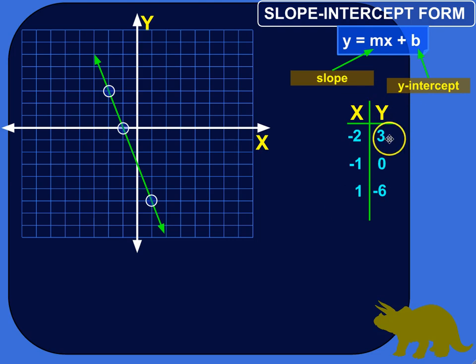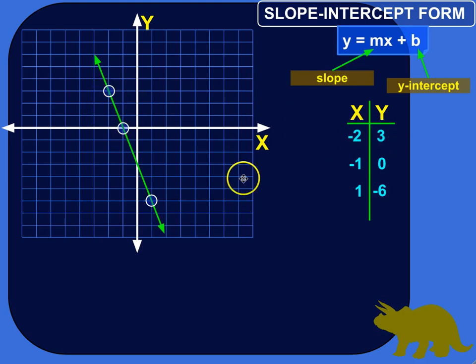So there's a table. And actually I've plotted these 3 points and drawn the line that visualizes this linear relationship, just to show you what this means. So this point here is -2, 3. It has the coordinates of -2, +3.